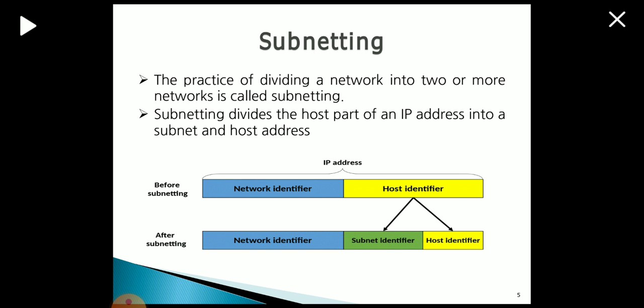In this diagram, I represent that the Internet Protocol address is divided into network ID and host ID. But after performing subnetting, the IP address is subdivided into the network ID, subnet ID and host ID. Subnetting always subdivides the host ID into the subnet ID and host ID.